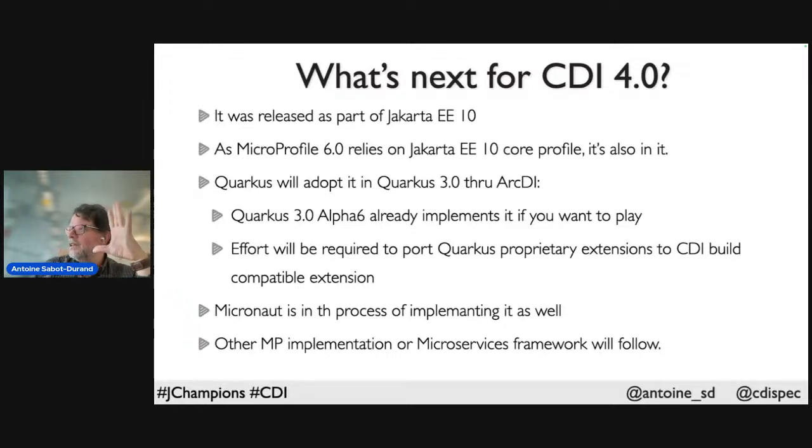As you may know, Jakarta EE has now three profiles: the full profile with all the specs, the web profile that was introduced in Java EE 6 with the specs only related to web applications to the 2009 knowledge. And now there is this core profile with very few specs in it, and it was mainly created for the MicroProfile specification. So MicroProfile 6 relies on Jakarta EE core profile.